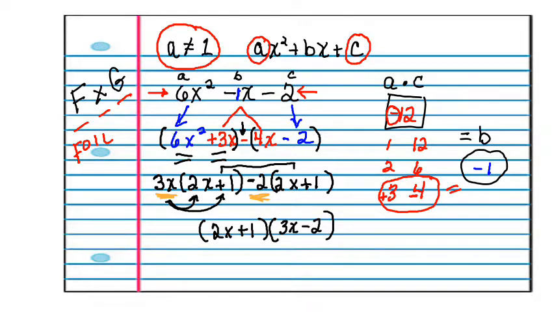All right, and we can always double check that by just foiling everything back. So if I foil my things back, I get a 6x squared and a negative 4x. Notice how this is looking a lot like what we had up here, so that we could factor by grouping.